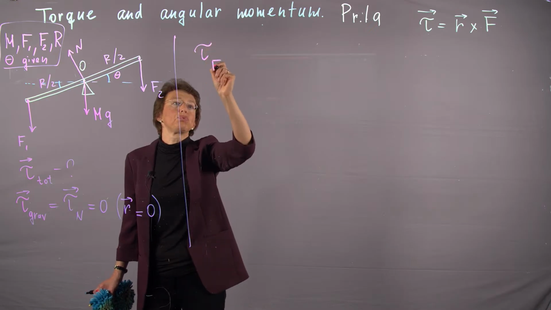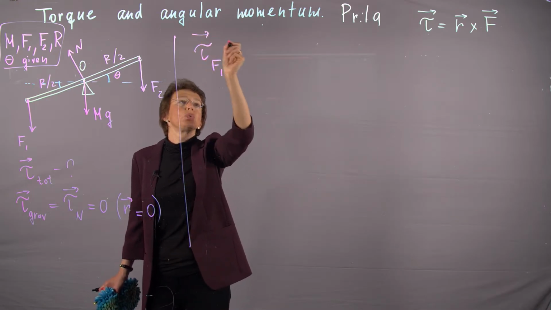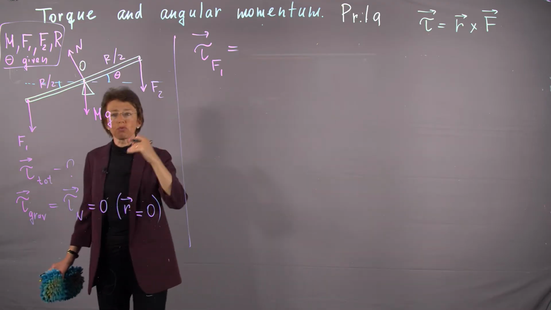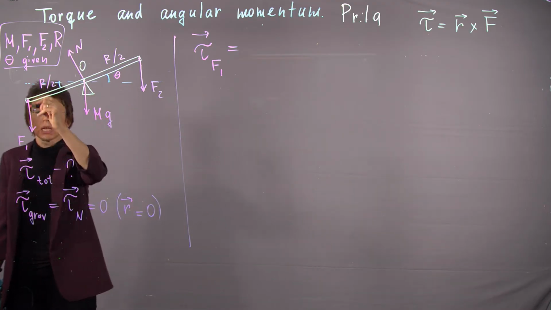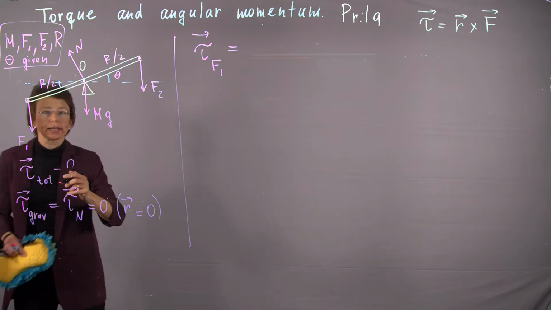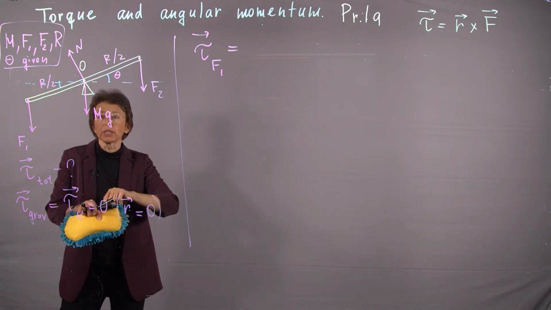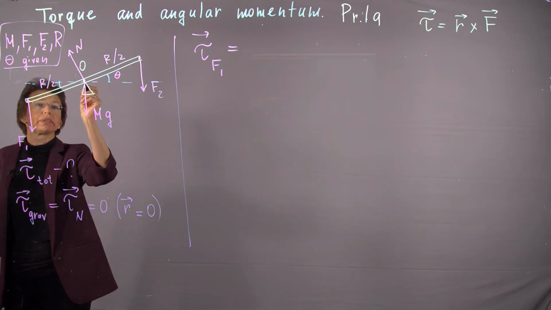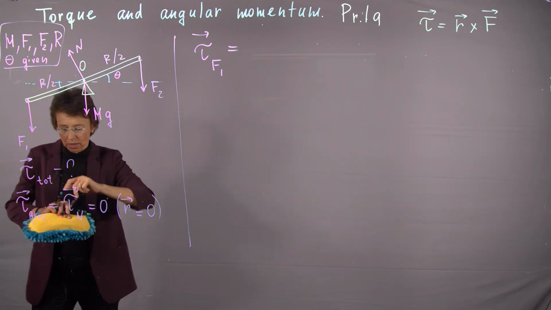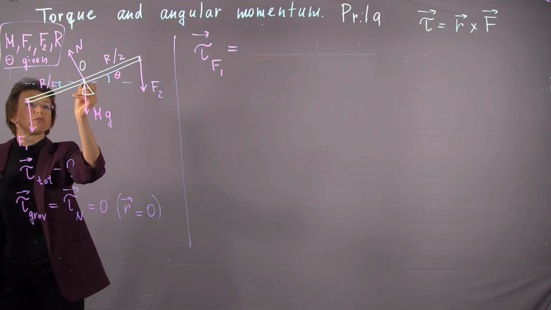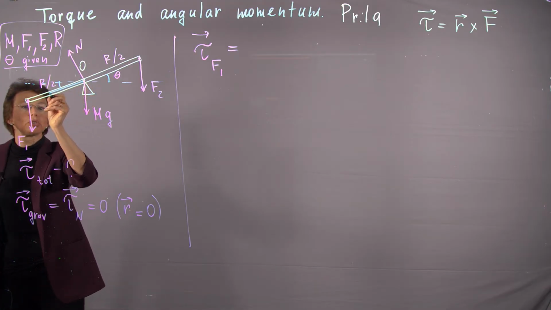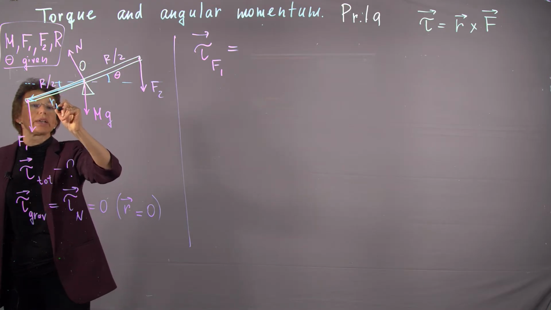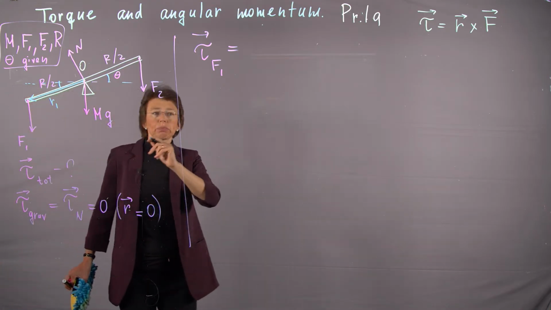The torque created by force F1 will be, remember, a cross product, so we are looking for perpendicular components. This is F1. R1 is from the pivot to the point where the force is applied. I bring them together.